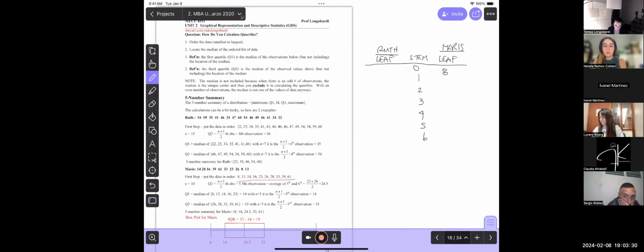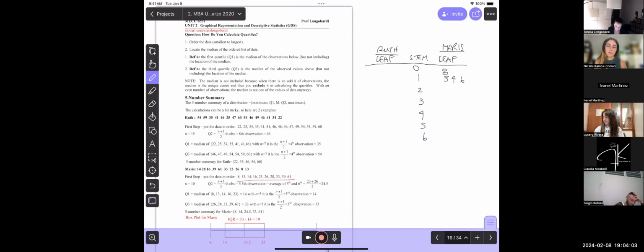I'm going to put them over here on the stem and leaf. So for 8, it's already there, 0, 8. And the next one, I'm going by groups of 10. So this is going to go from 10 to 19. So 13 will be there, and 14 will be there, and 16 will be there.